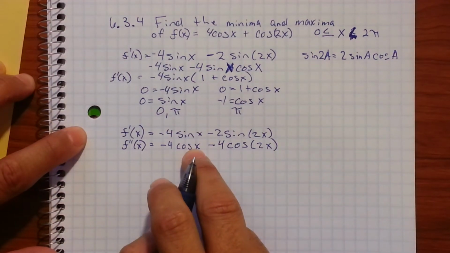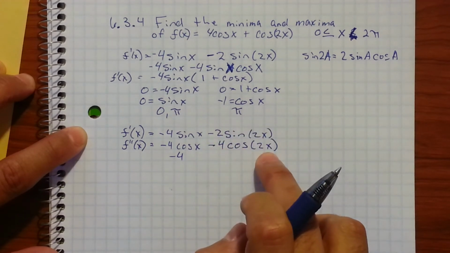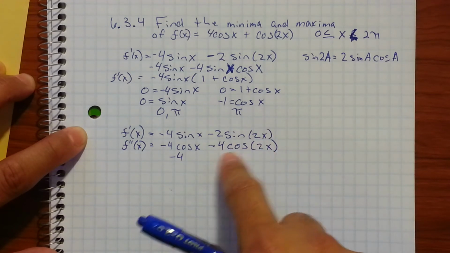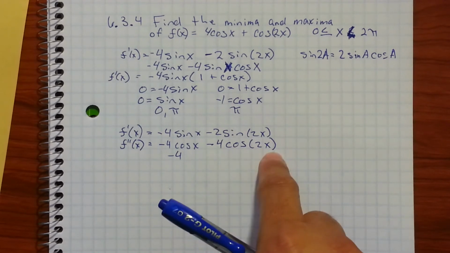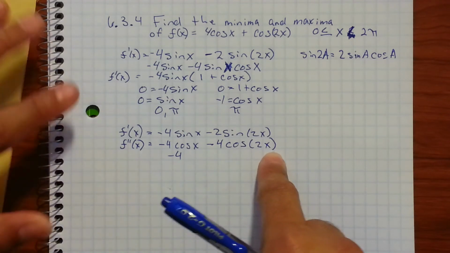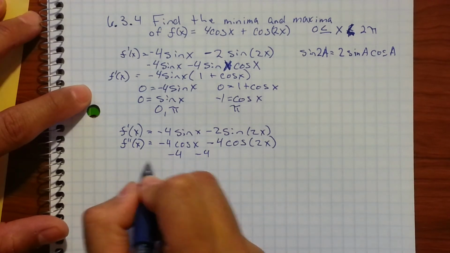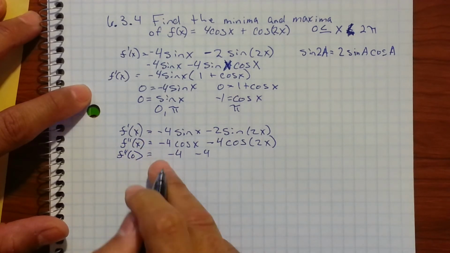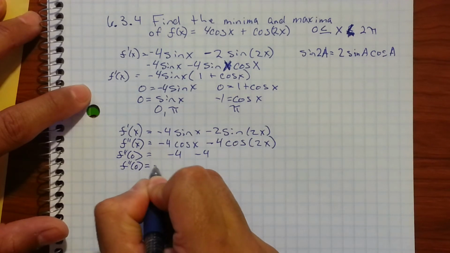So right here I'm going to have 1 times -4, -4. Right here, this is also going to be 1 times 2. Wait, I'm plugging in 0 here. 0 times 2 is 0. Cosine of 0 is 1, so I'm going to have -4. So when I plug in 0 for this, I get -8.